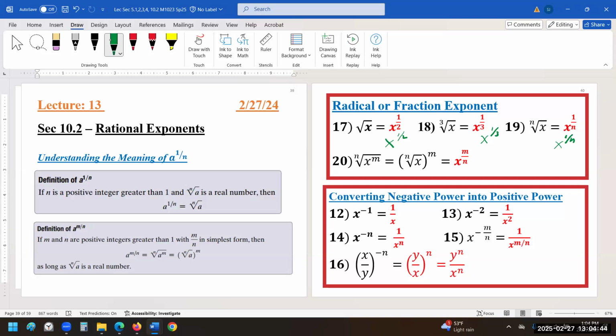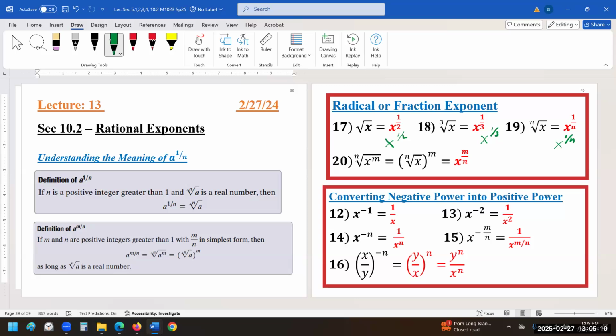Okay, let me explain. The first one says square root of x is same as x to the power 1/2. The second one says, well, by following that, that means cubic root of x should be x to the power 1/3. And then in general, if we have any type of radical, it means x to the 1/, that thing.